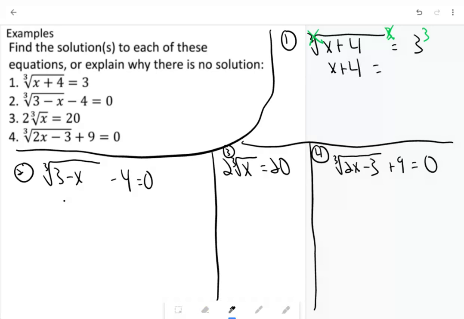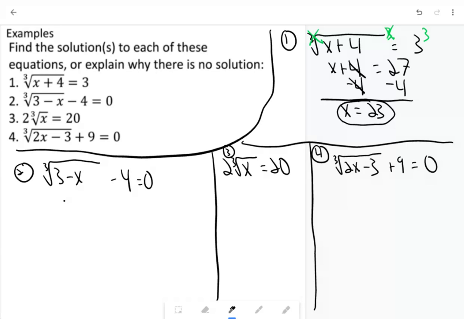On the right-hand side, 3 cubed is 3 times 3 times 3. So 3 times 3 is 9, times 3 is 27. And then I can solve for x by subtracting 4 from both sides, and I get x equals 27 minus 4, which is 23. So x equals 23.